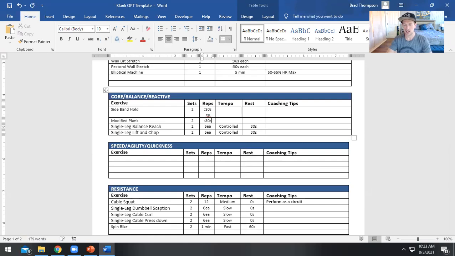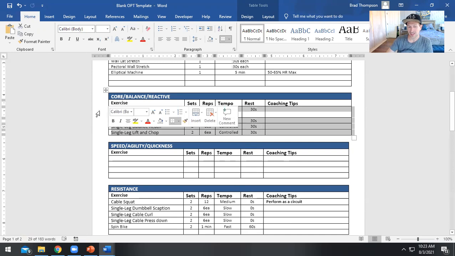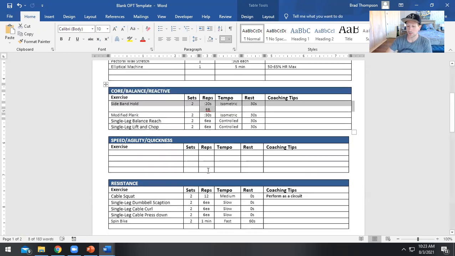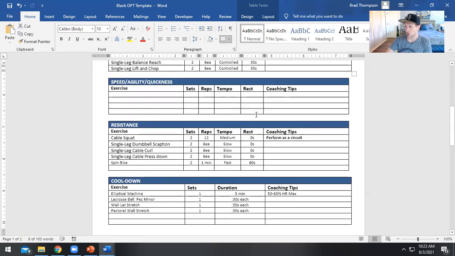This was 30 seconds, isometric, 30 seconds of rest each time. So now, boom, there they go. They've got a little bit of cardio, a little bit of core, a little bit of balance. They're getting that out in the beginning. They are movement prepped before going into our much more challenging resistance routine.